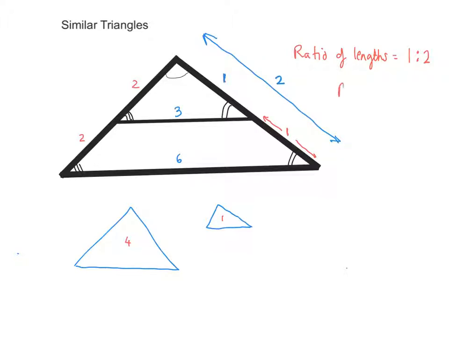So ratio of areas equals 1 squared to 2 squared, which in this case will be 1 to 4. So the area of this was 8 centimeters squared. This would be 4 times as big, 32 centimeters squared.